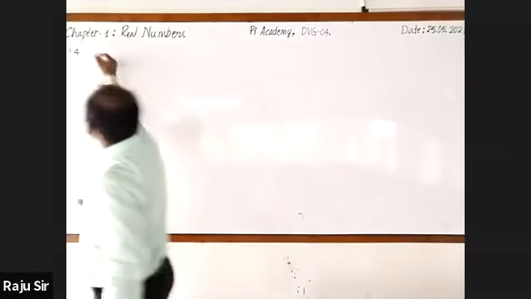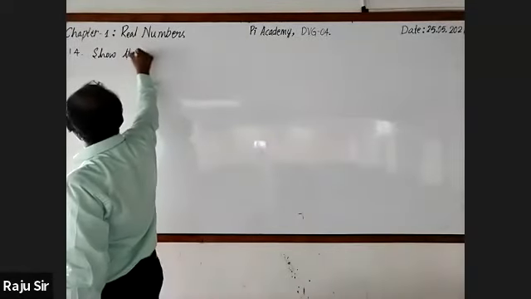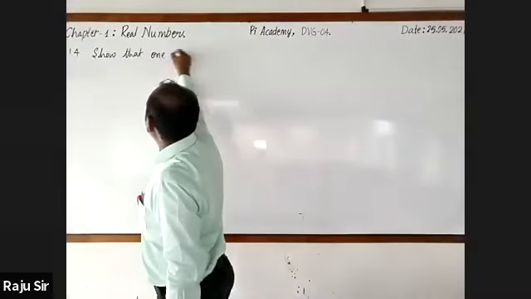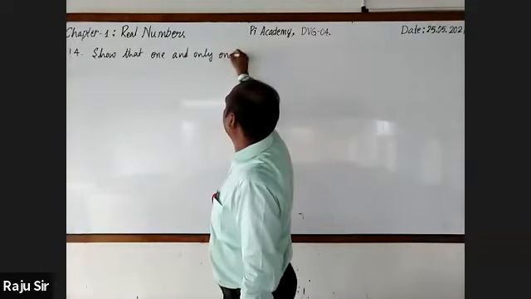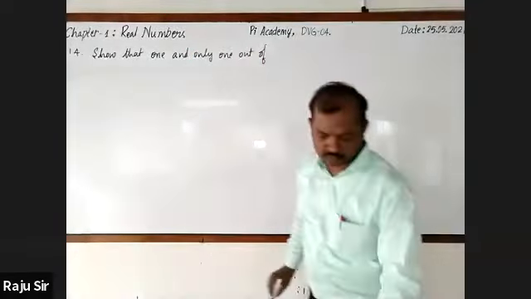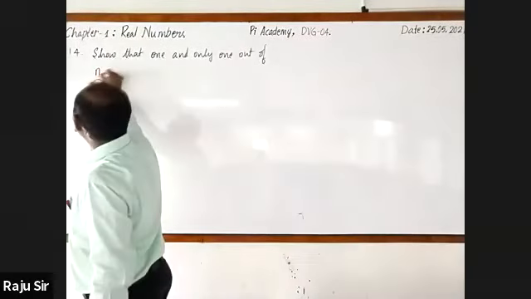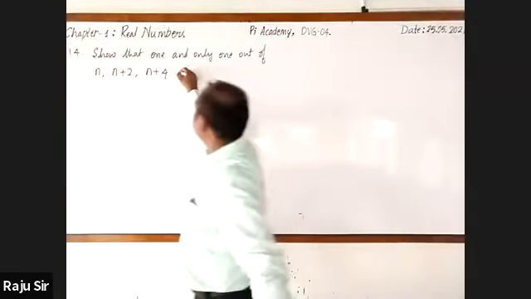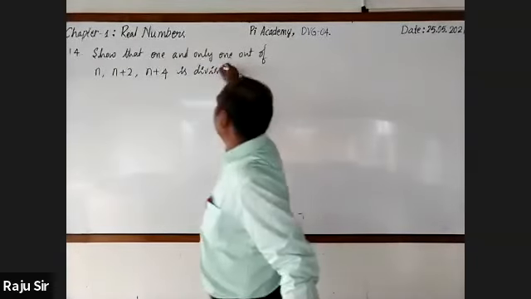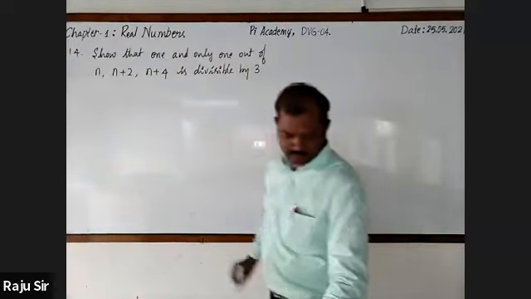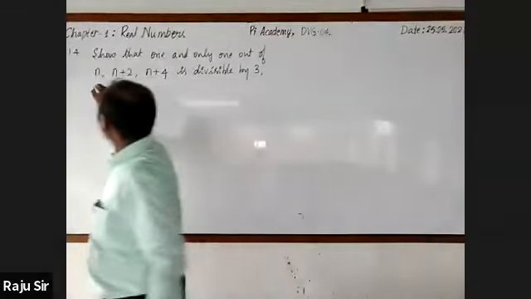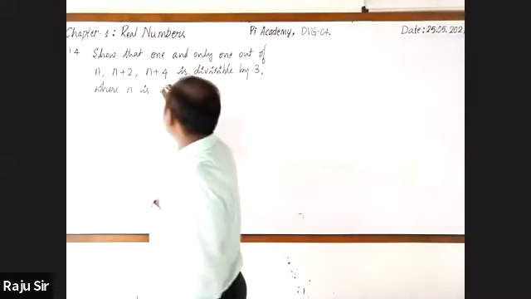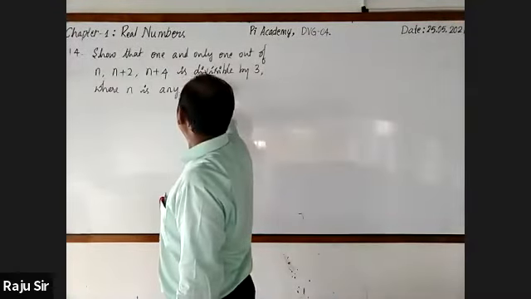Show that one and only one out of n, n plus 2, n plus 4 is divisible by 3, where n is any positive integer.